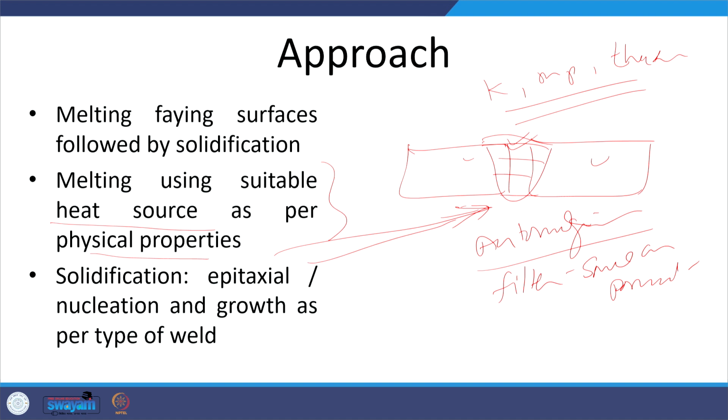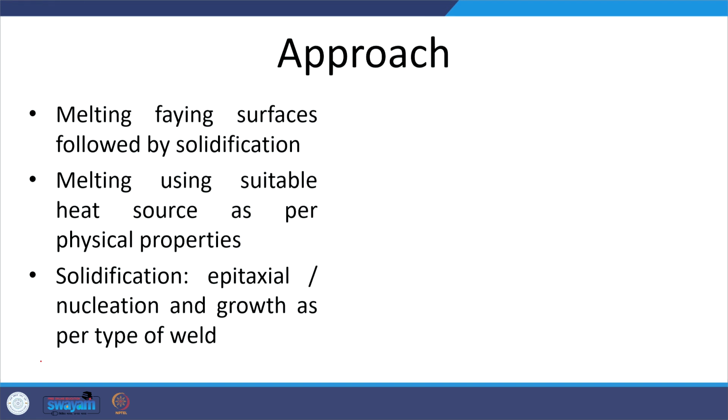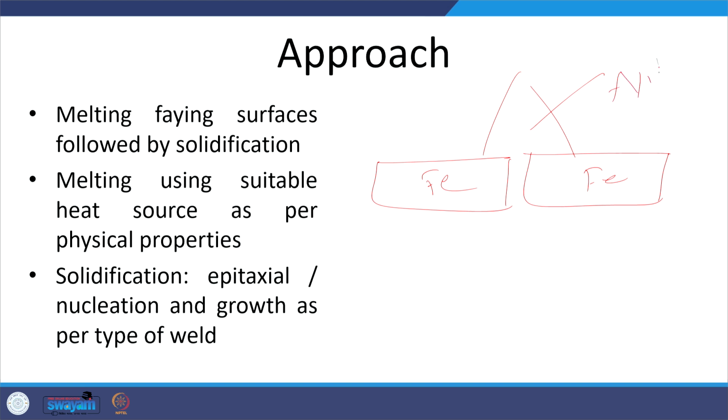And when we use a different kind of filler metal, say the parent metal is made of iron and a nickel filler is being used, then there is a complete difference in the crystal structure and composition. In that case, it will first nucleate and then grow for the transformation from liquid to solid state. That is the typical solidification which takes place through nucleation and growth.